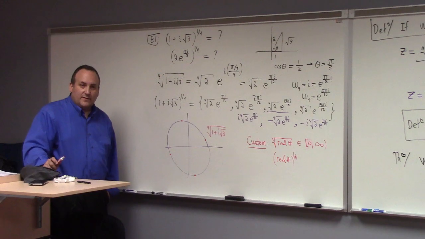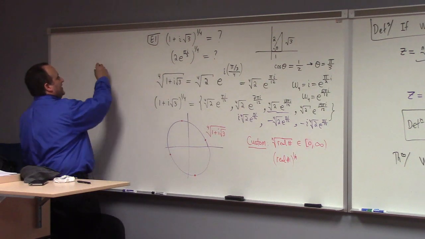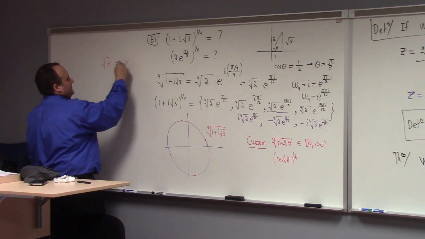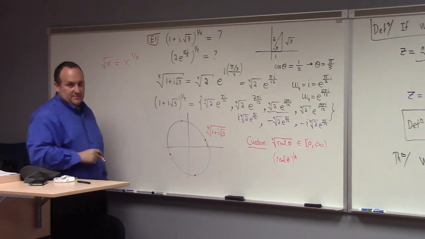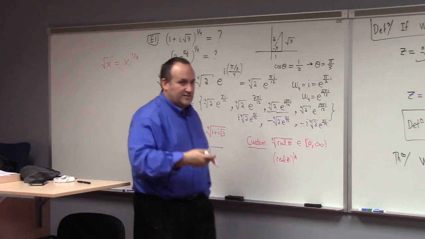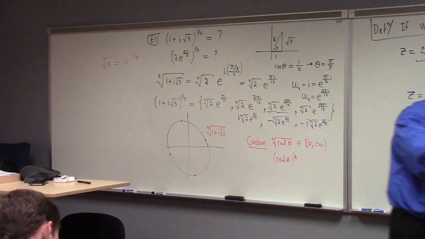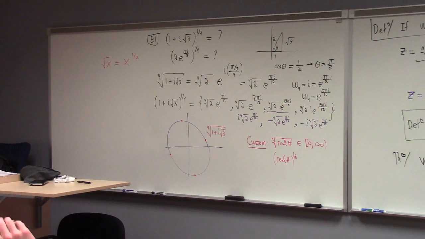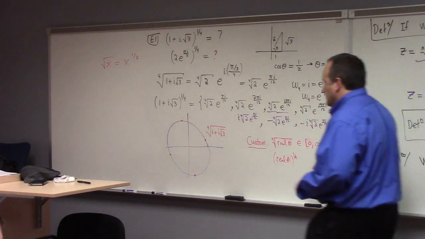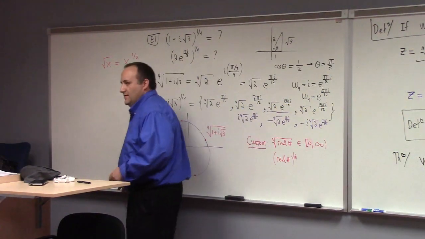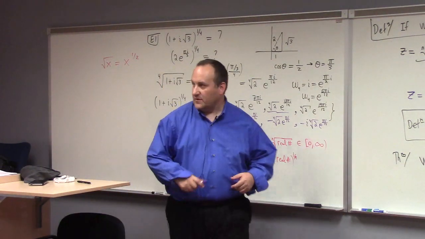You freely interchange the square root of x and x to the 1/2 in pre-calculus, right? We drill that into you, in fact. Now I'm trying to remove that from you: do not do that. Let me show you why. You're like, well, why can't we have nice things? Well, let me show you over here.